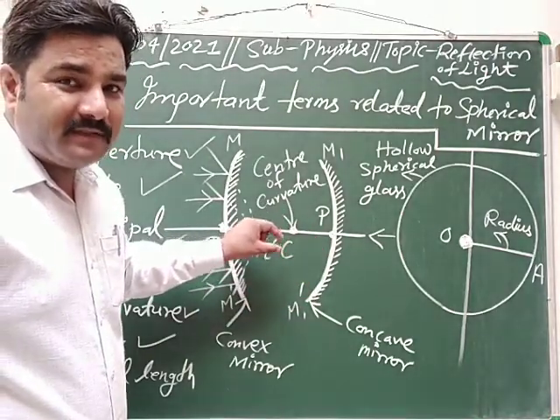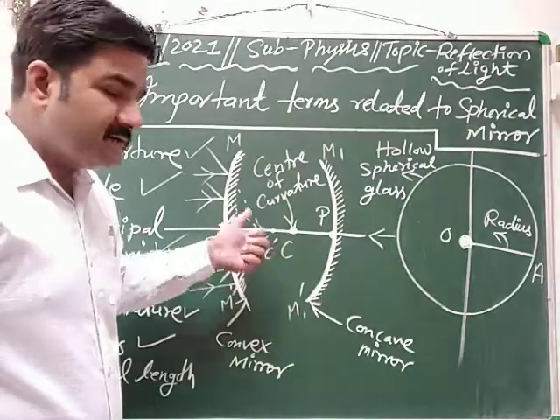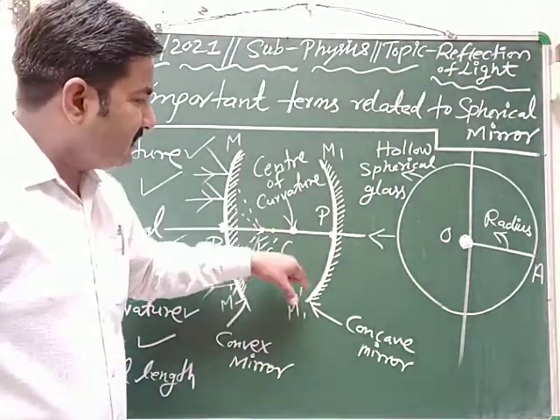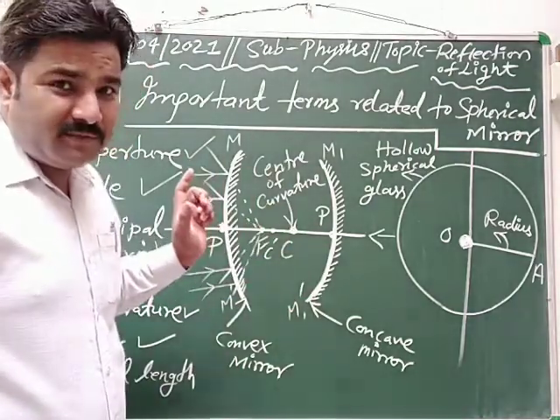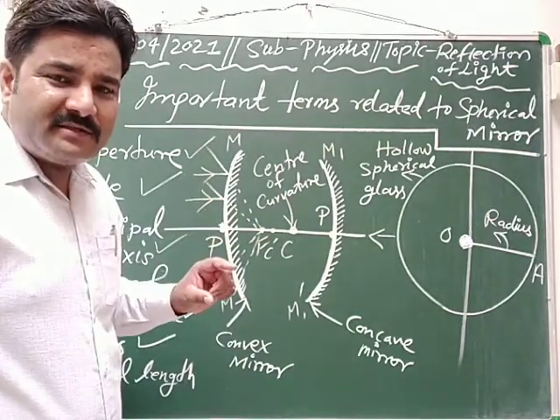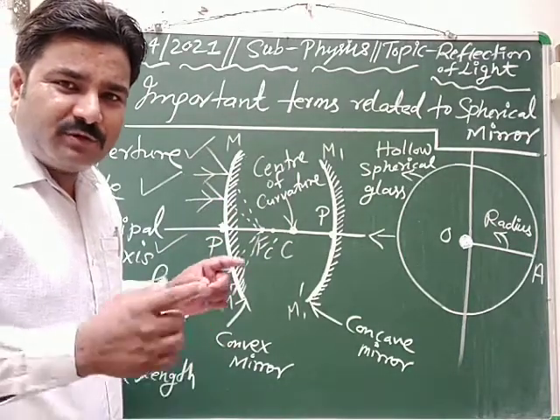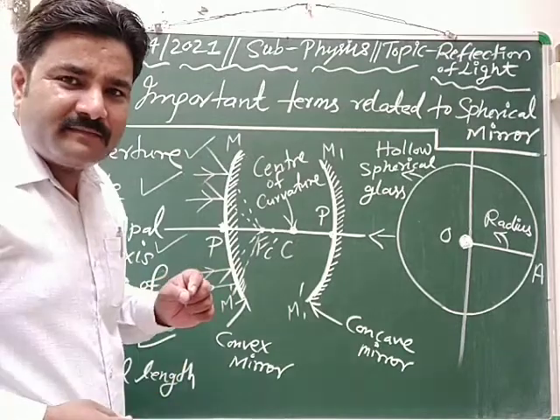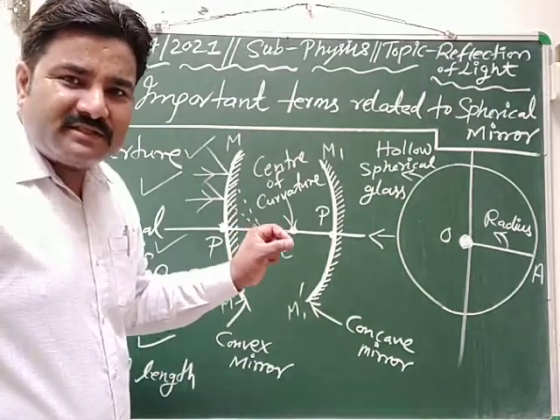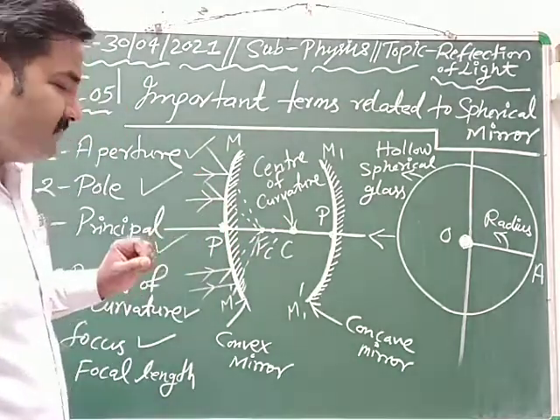That's why the focus in the case of convex is a virtual focus, and in the case of concave mirror, the focus is a real focus. Real focus means where the rays actually meet or intersect, and that point on the principal axis is defined as the focus. Clear?